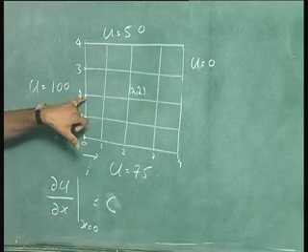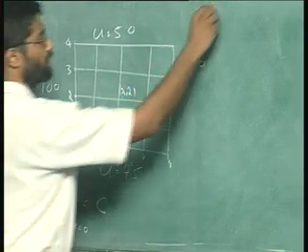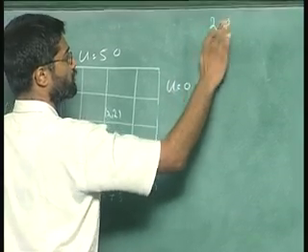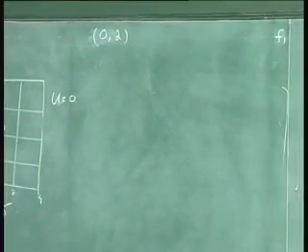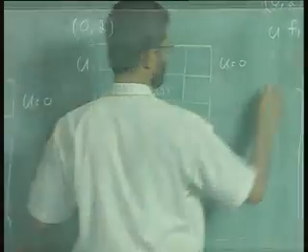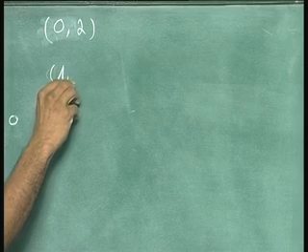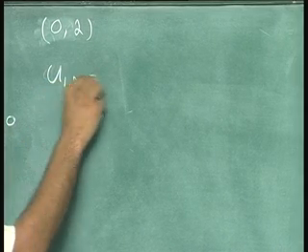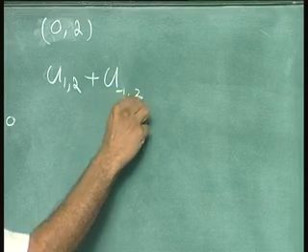Now if I write the difference equation for this point, that is 0, 2. Remember my equation had the first point as u(i+1, j), so that is u(1, 2), and the second point was u(i-1, j), so u(-1, 2).